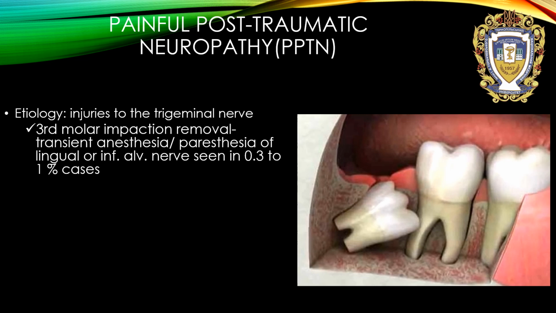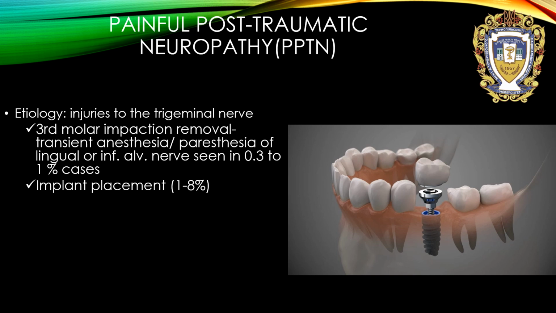Another group: painful post-traumatic neuropathy, or PPTN. Etiology. More often it is injuries to the trigeminal nerve, like third molar impaction removal, transient anesthesia or paresthesia of the lingual or inferior alveolar nerve, seen in 0.3 to 1% of cases.